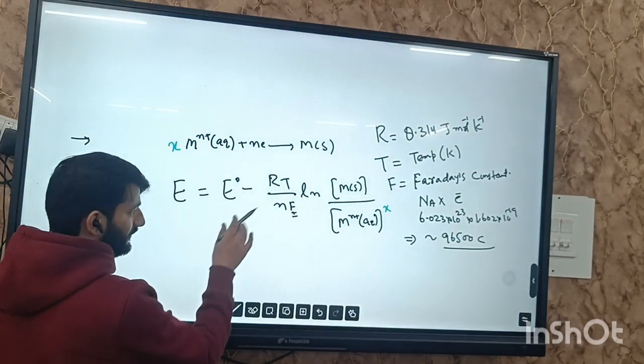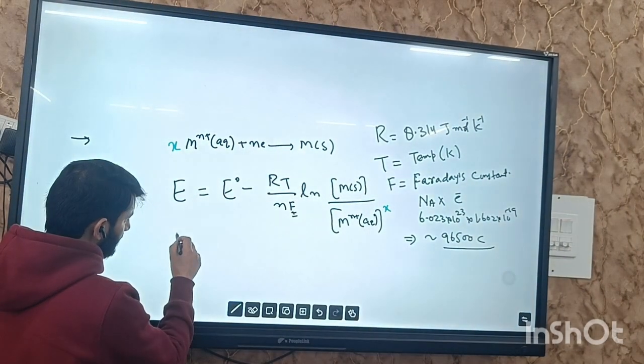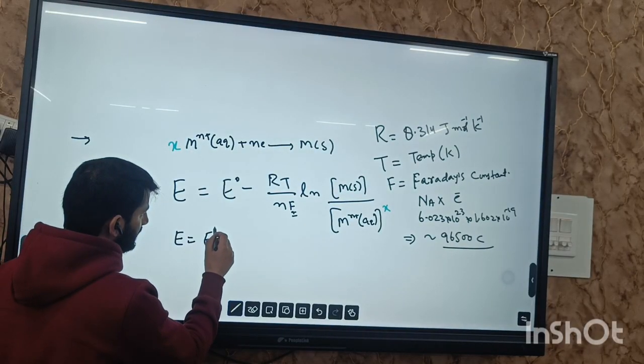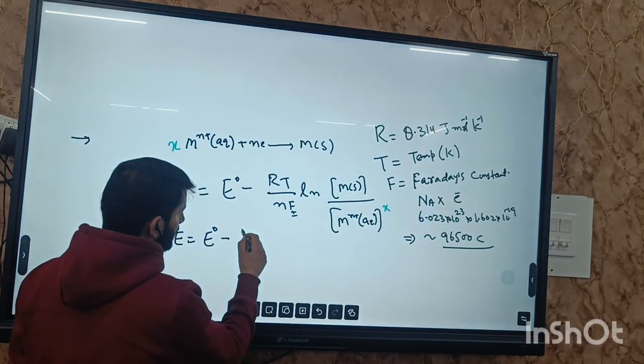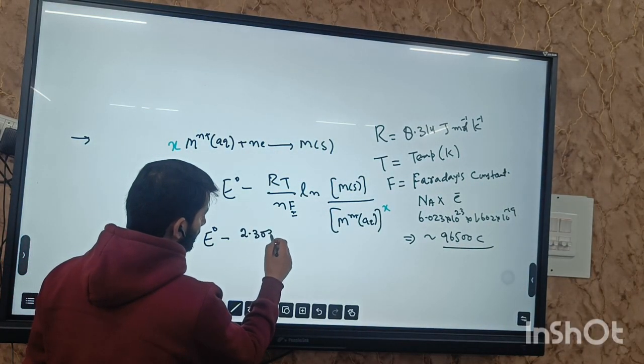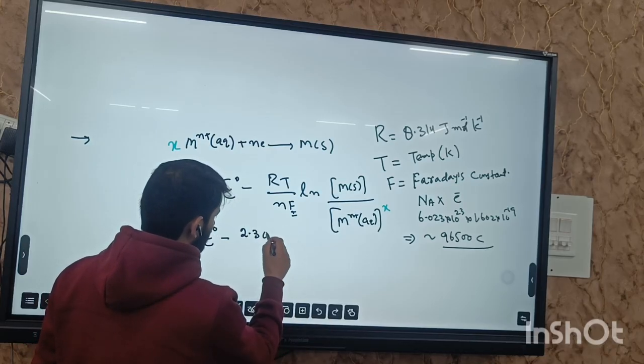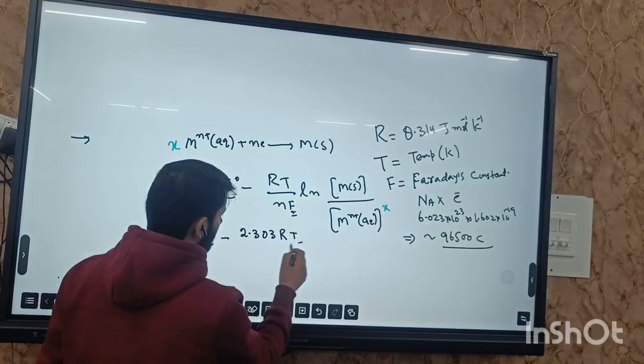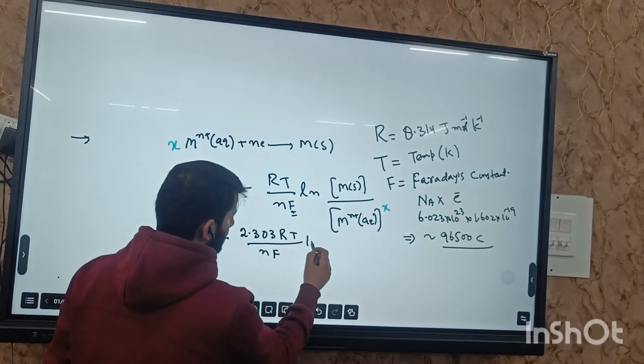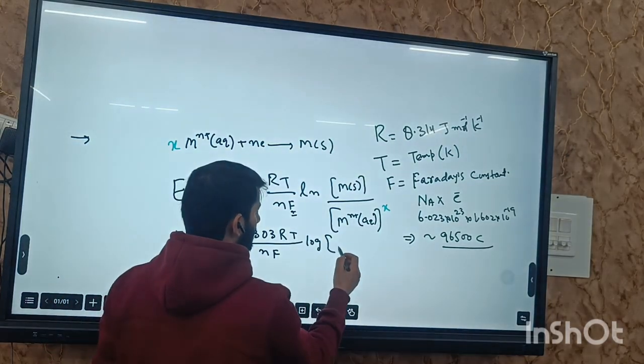Now can we write this equation? E is equal to E naught minus 2.303 RT by NF log of this.